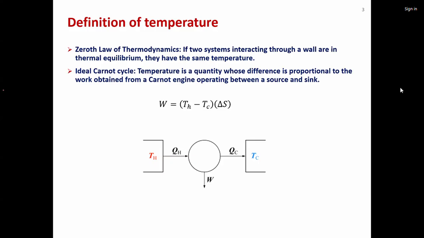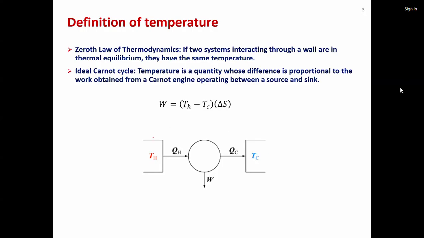Then you can define temperature through the ideal Carnot cycle. Typically this is a Carnot cycle. You have a high temperature source and a low temperature sink, and heat QH is coming from the high temperature source to the engine, and the engine does some work, W, and gives away heat QC to the sink, which is at lower temperature.